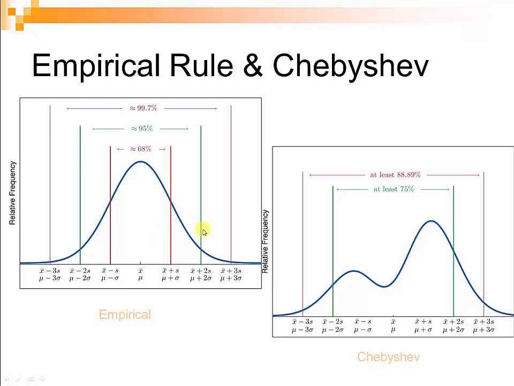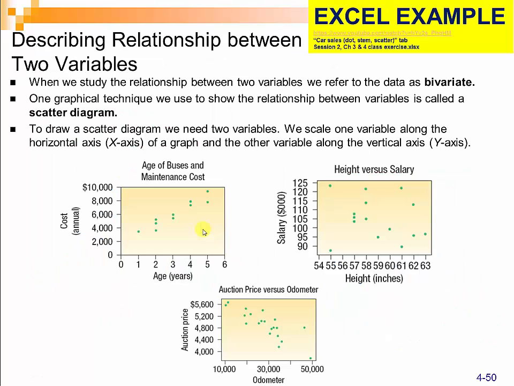Up until now, we've been looking at data sets of individual variables. What do we want to do if we want to show a relationship between two variables? Well, one of the things we can do is use a scatter diagram or a scatter plot to show the relationship between two variables.